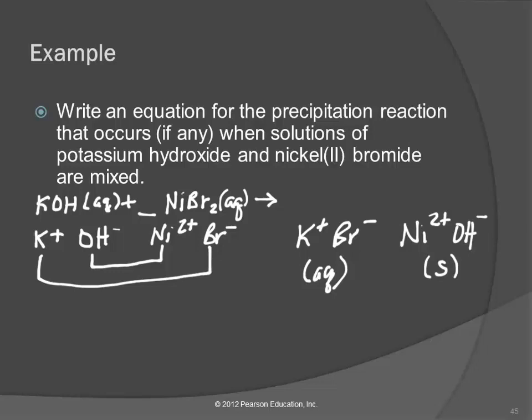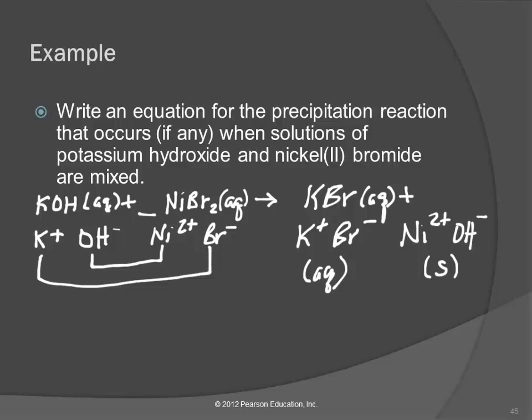One of these is a solid, so then we have to finish out our equation. I'm going to put the potassium and the bromide together, plus 1, minus 1, we just need one of each. So that's KBr. And we figured out that was soluble, so we'll put aqueous as the state symbol. And then nickel 2 plus and hydroxide is minus 1.